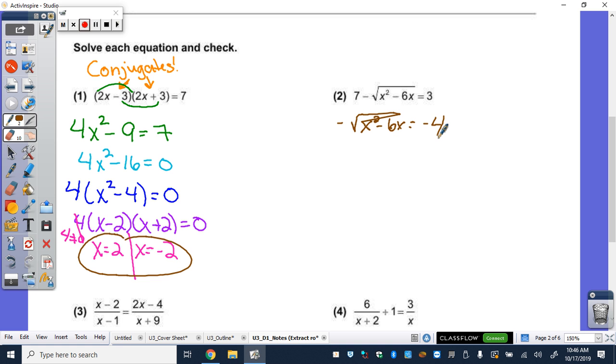Now there's 2 things we could do at this point. What's one thing we could do? We could divide by negative 1. So when I divide both sides by negative 1, it just makes those negative signs go away. So now we'll square both sides.